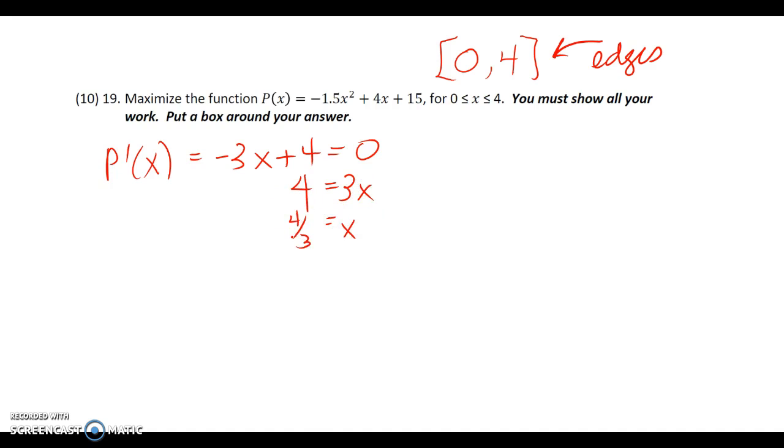All right, well now we have to evaluate the original function, right? So if I go back and look at the original function at 4/3, I end up with something like this, right? Then I need to check these edges.